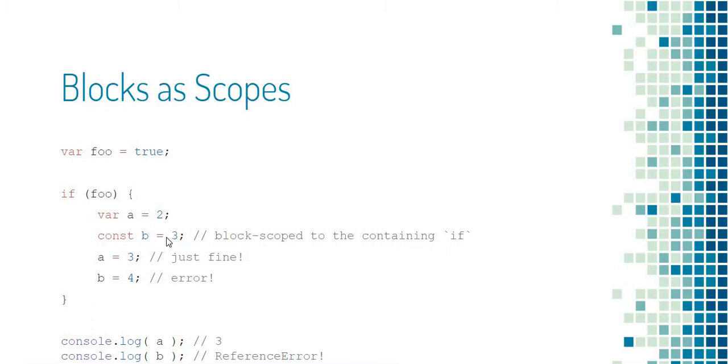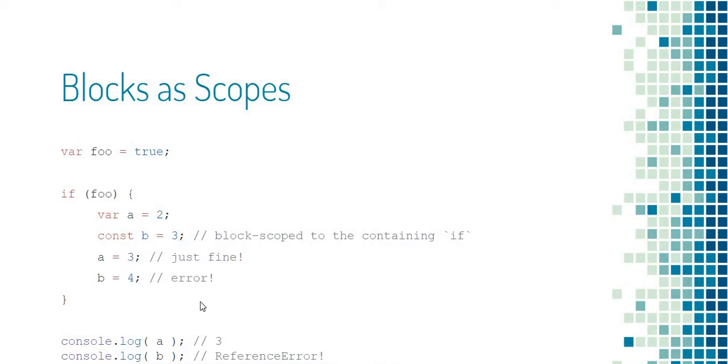So the variable b is declared in block scope, and we have initialized the value of b to 3, which means that when we try to change the value of b afterwards, we get an error, since the variable b is a constant variable and we are not allowed to change the value of b.